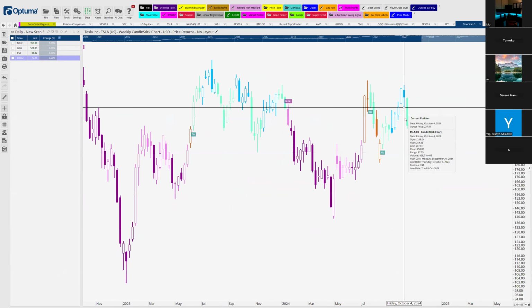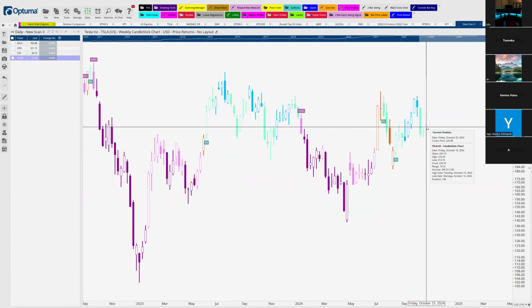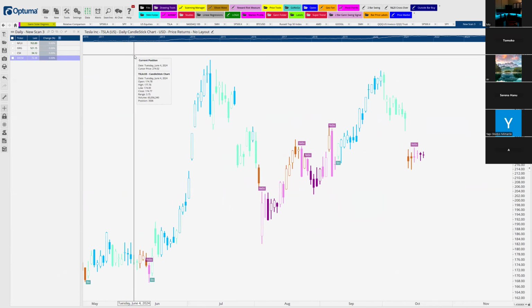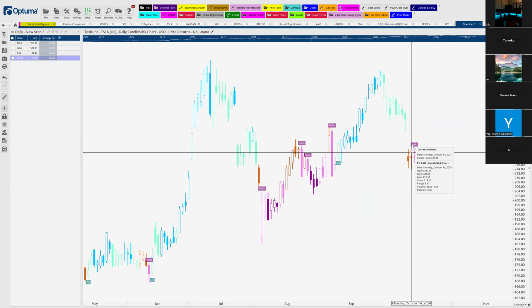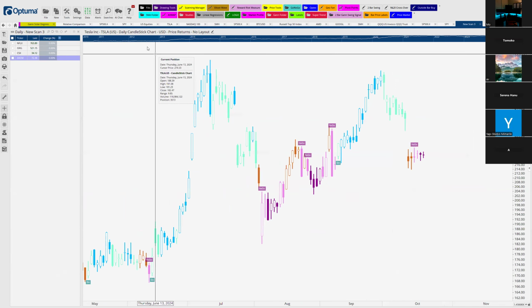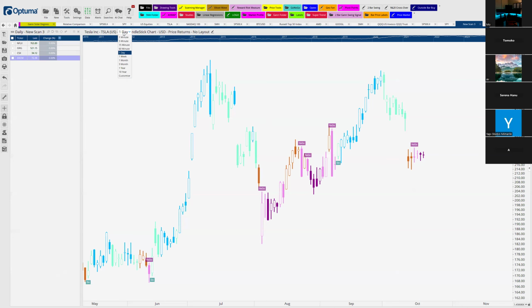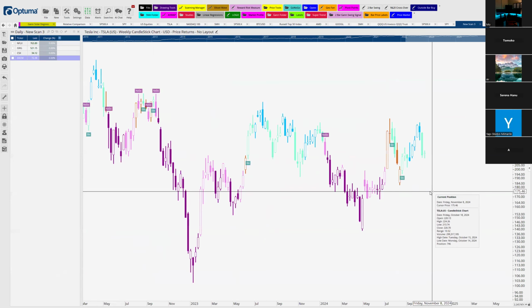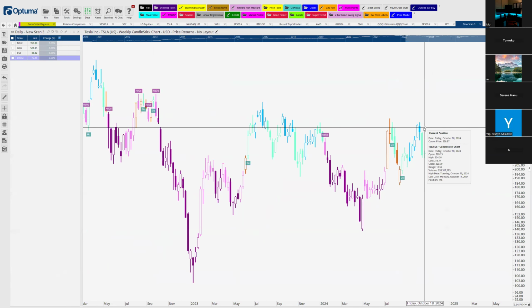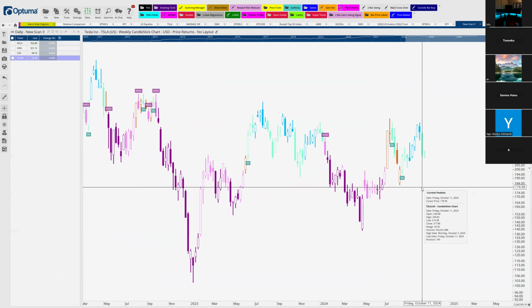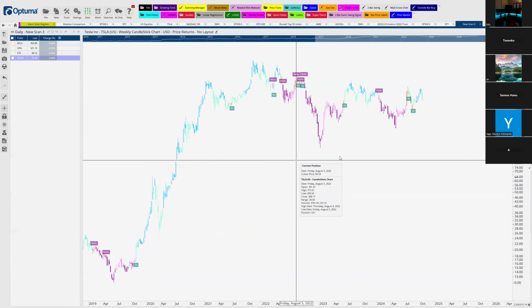So we got this upside, but on a daily time frame, we don't have the green light yet. But again, it could reverse. See, weekly is good.